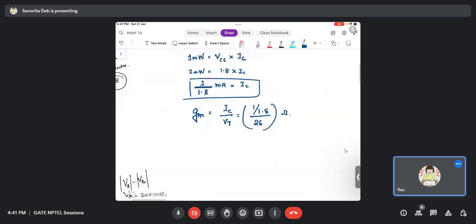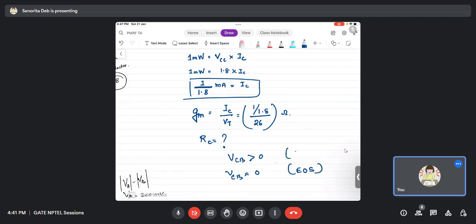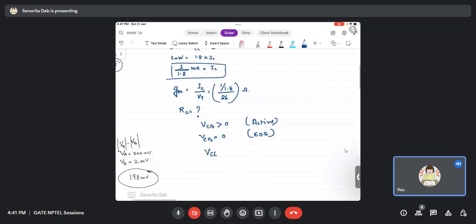And RC is what? RC will come from the condition of edge of saturation. VCB greater than 0 is for active region, so VCB equal to 0 is your edge of saturation. That means VC equals VBE, which is 0.8 volts, because I have already given you VB as 0.8.